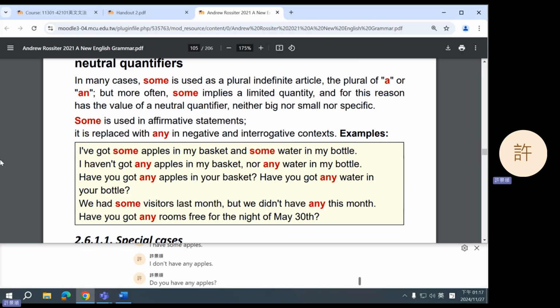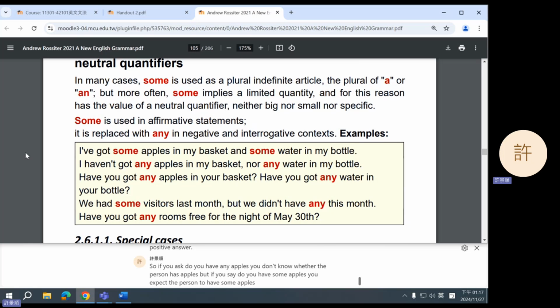There is an exception because this is English. There's always an exception. The exception is you can ask questions using some if you expect a positive answer. So if you ask, do you have any apples? You don't know whether the person has apples. But if you say, do you have some apples? You expect the person to have some apples.